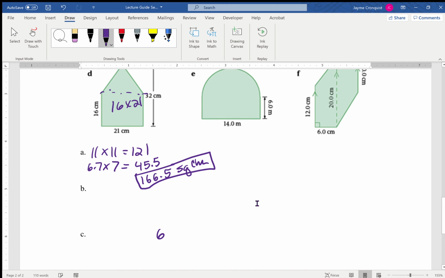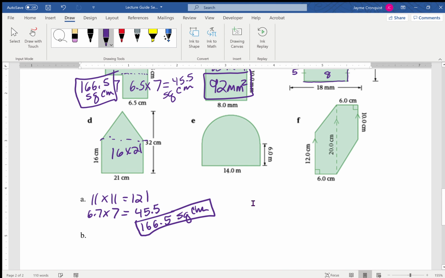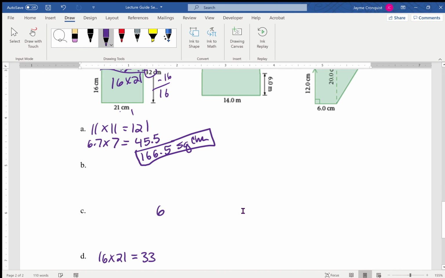Now, this is our triangle. Okay, if we take this 32 and we subtract 16, we're going to get 16, which means this height is 16. My base is 21. So I have 1/2 base times height.